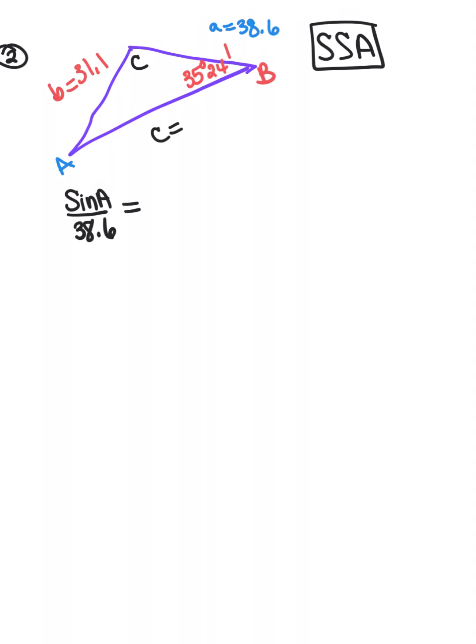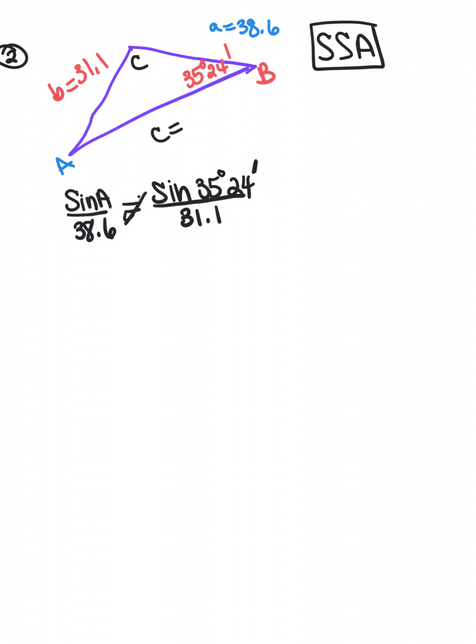Once again, I'm using law of sine, is equal to sine of B, which is 35 degrees 24 minutes, over the side B, which is 31.1.